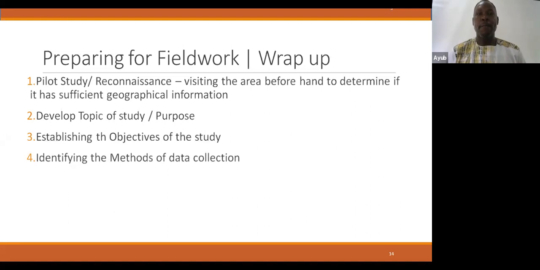Number 4, you identify the methods that you are going to use to collect data in the field. How are you going to collect information? If you want to find out the problems facing people in the area, how are you going to collect that information?